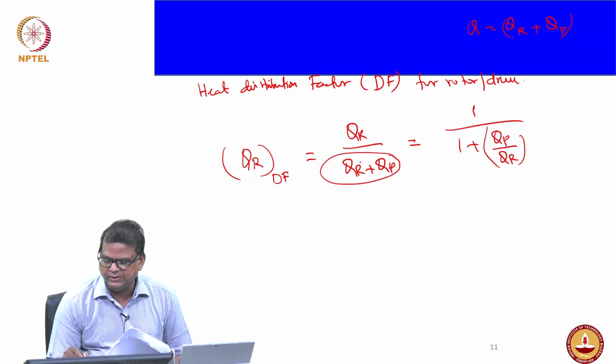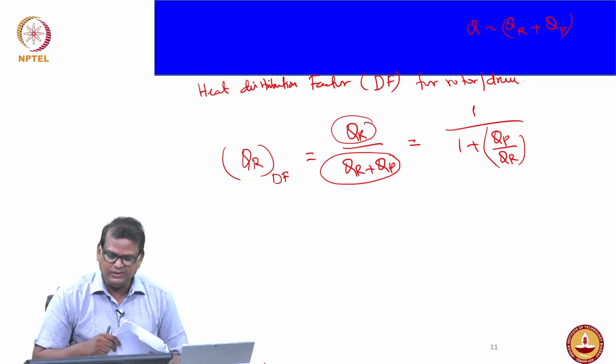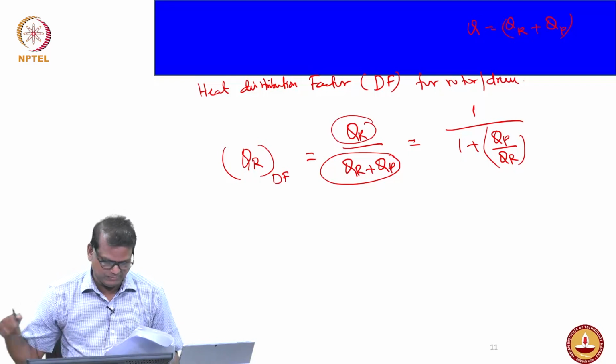This is the total heat, and this is only for the rotor element. So this gives the proportion, the heat distribution factor for the rotor or drum alone.